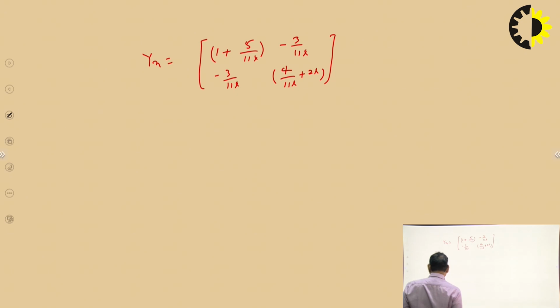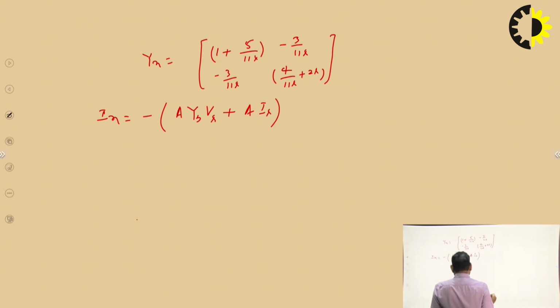Now find In. If you remember, in the previous lecture we got the derivation of this. So it is A YB Vs plus A Is. There is no current source, so Is is equal to 0.